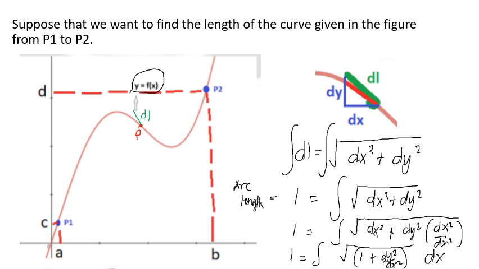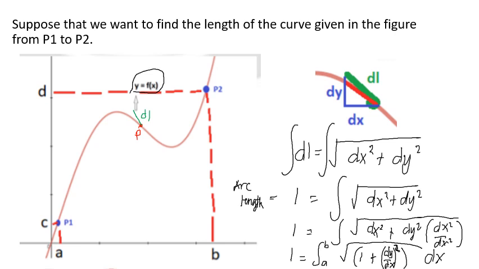So you make use of this equation. The length of the curve is equal to the integration of the square root of quantity 1 plus dy squared all over dx squared, or you just simply write it this way: dy all over dx quantity squared, dx from your lower limit a to upper limit b.